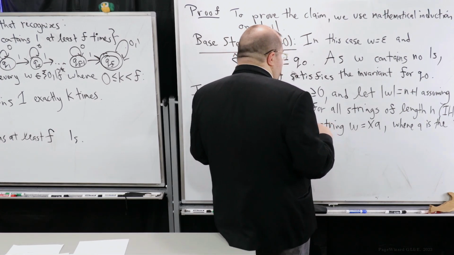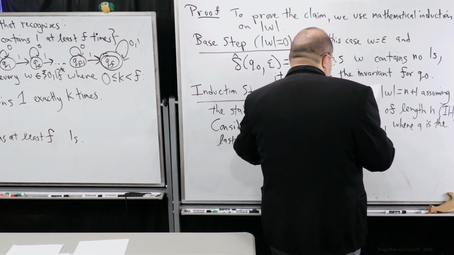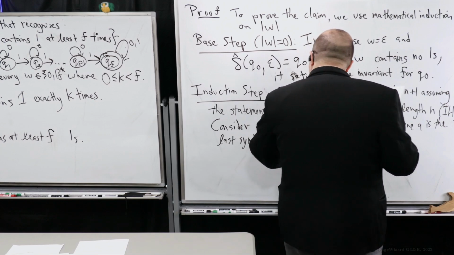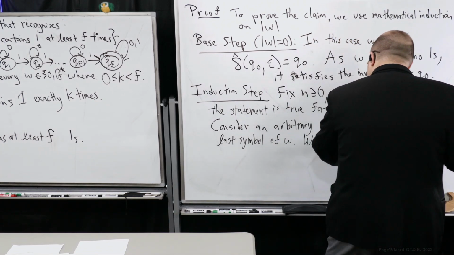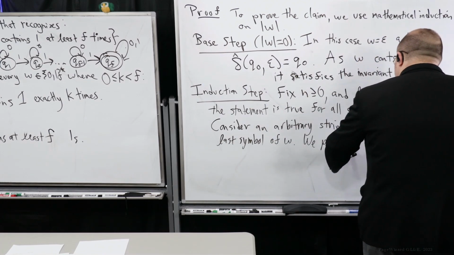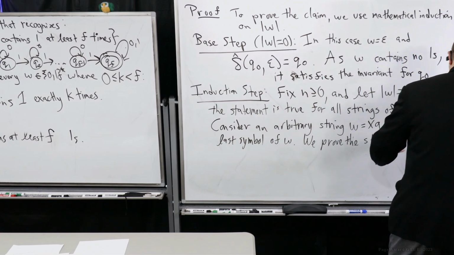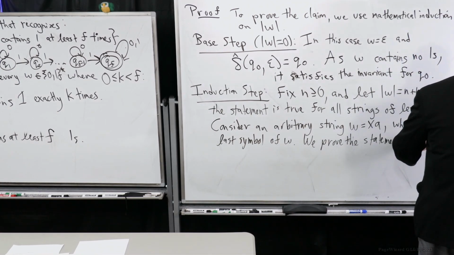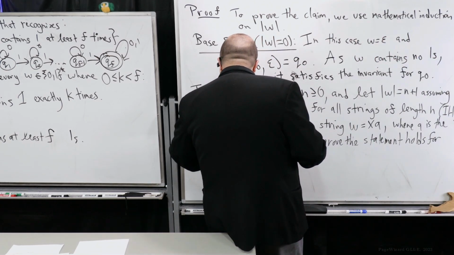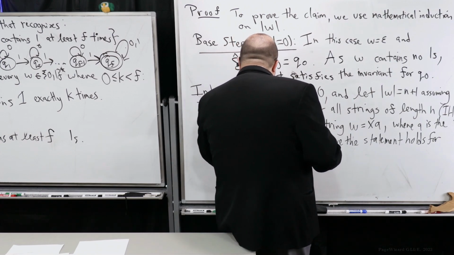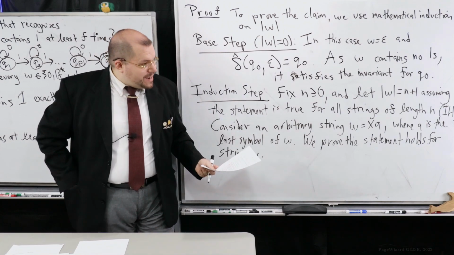So x is going to be everything but the last symbol. So we prove the statement holds for string w, right? Now we have string w in place. So this is the setup.